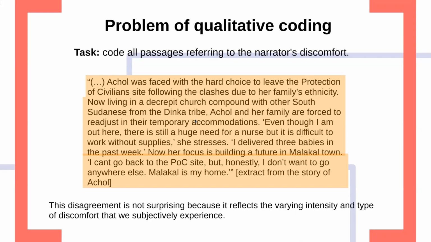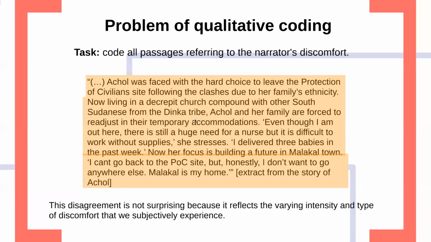pieces of data. And the disagreement between coders who label different parts is natural, because it reflects various intensities of discomfort in the text. It depends on our perception of the intensity.